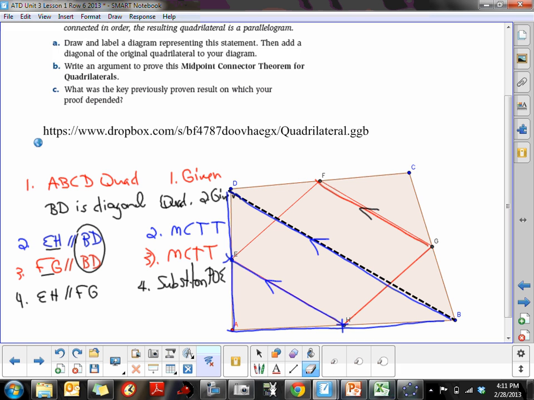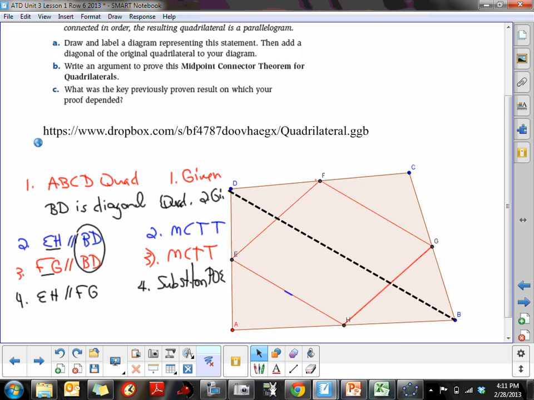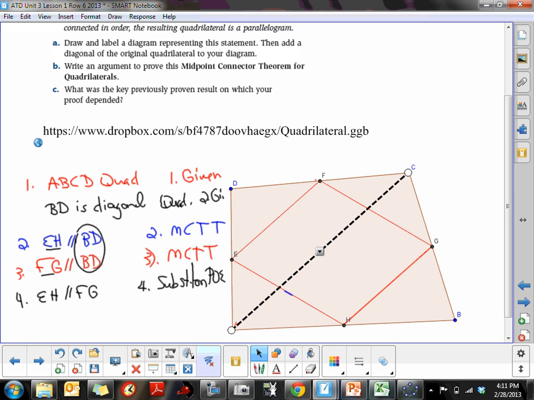And then, as you saw in the previous one, what I did is I took and drew the other diagonal. So now I'm going to flip it around again. We're going to come right back and use that same old concept we got done doing with the midpoint connector theorem.